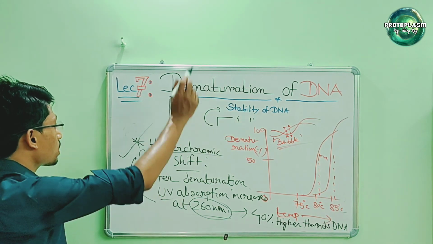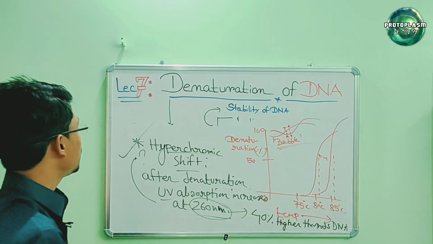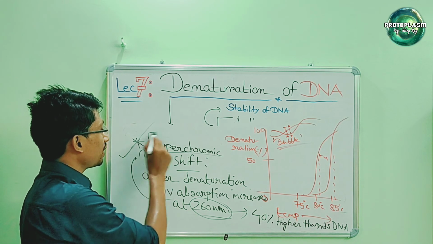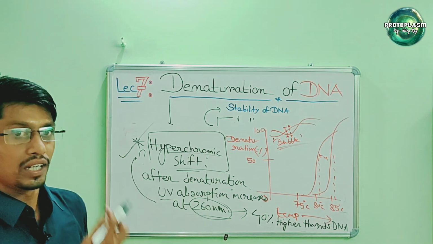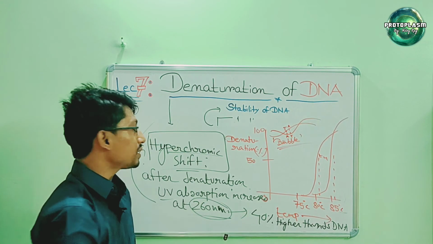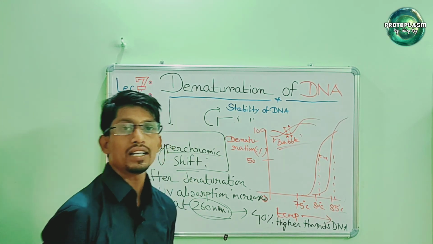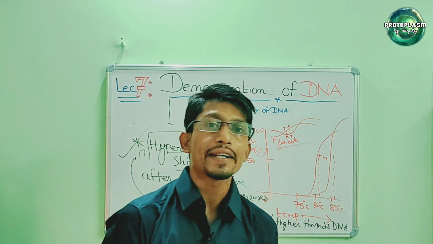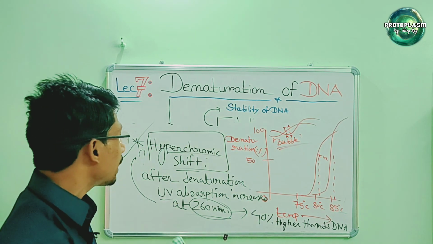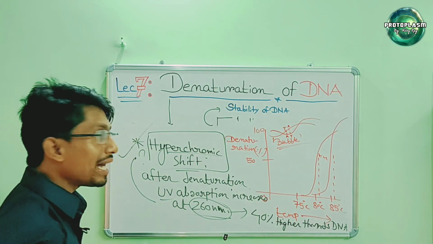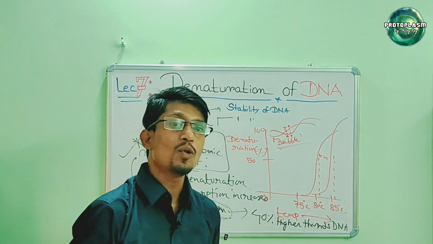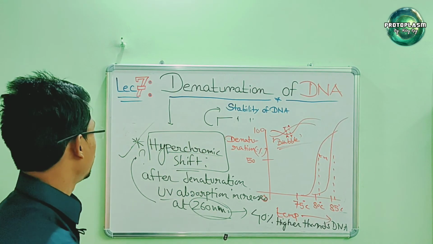So this is an experimental proof that DNA is denatured, and the phenomenon is known as hyperchromic shift. And why does this hyperchromic shift occur? Because when the bases are stacked together, they show pi electron sharing via the pi electron cloud. But as they become free, they absorb more and more UV light.